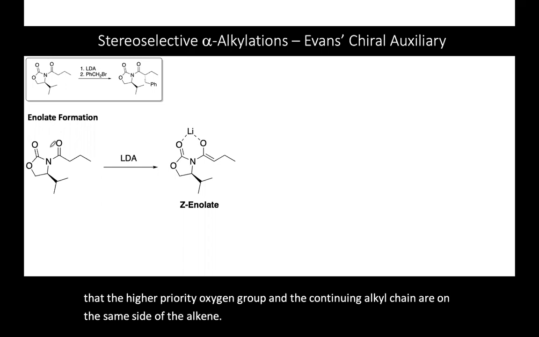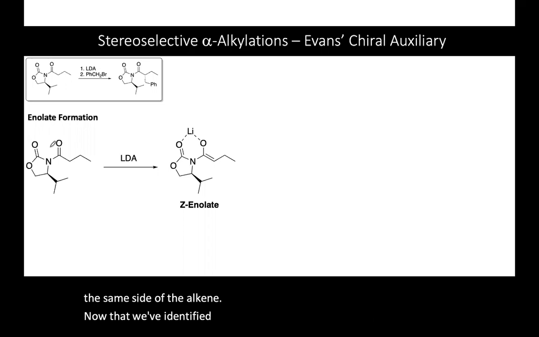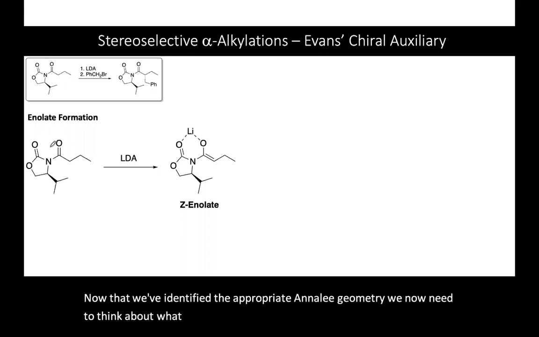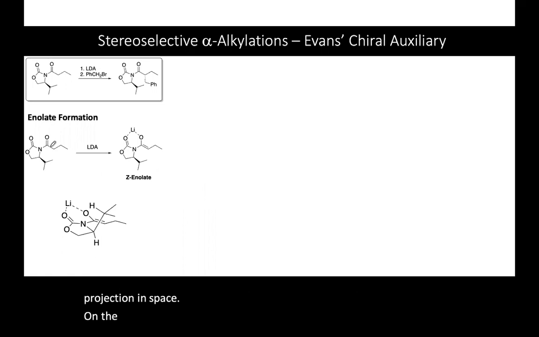Now that we've identified the appropriate enolate geometry, we now need to think about what this looks like in terms of its three-dimensional projection in space. On the lower left part of the slide, I've redrawn the enolate by tipping it back.